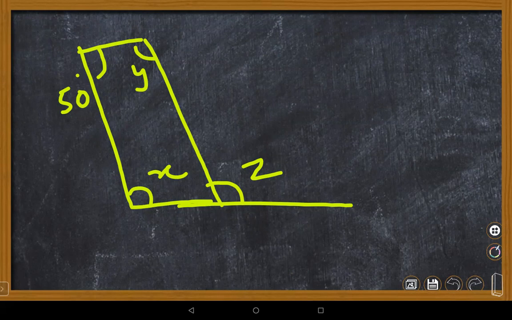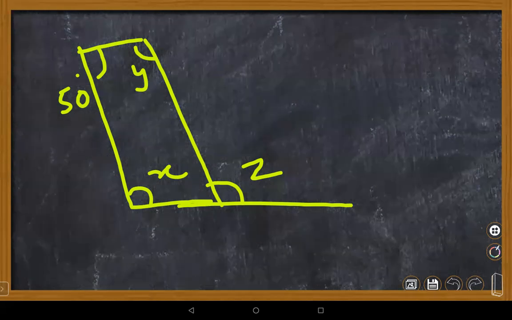Ma'am, angle sum property. But I don't know many angles, right? Can we use adjacent angles or supplementary, my dear? Yes, ma'am. What are the adjacent angles here? Can we go with adjacent angles X and 50?